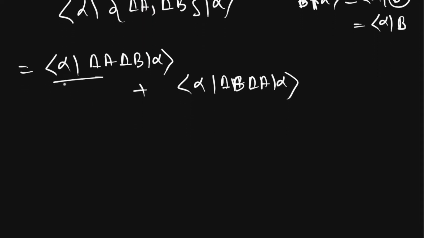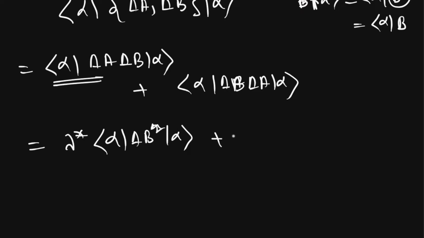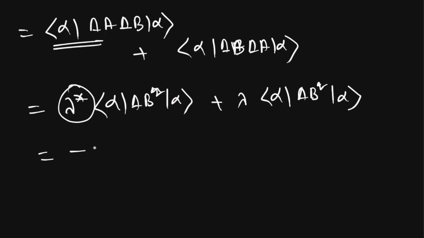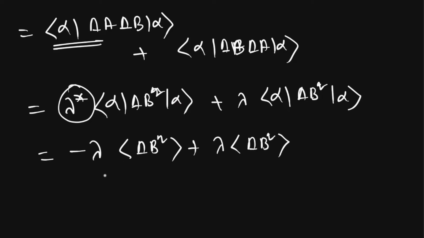So here again it is lambda star alpha delta B square alpha plus lambda alpha delta B square alpha. Since this lambda is pure imaginary, it is nothing but minus lambda delta B square expectation plus lambda delta B square its expectation. So this will cancel, it will keep 0.